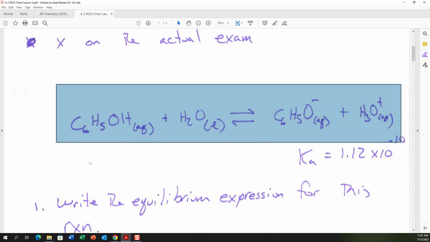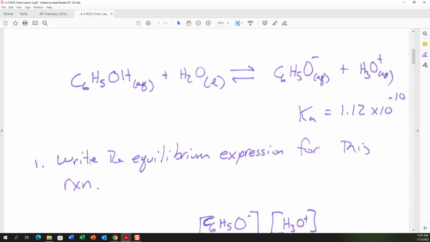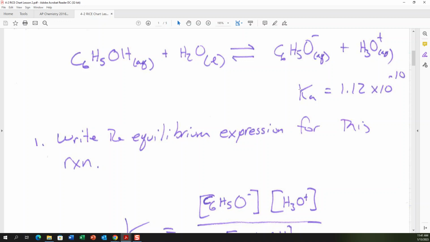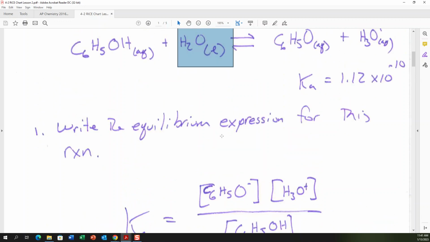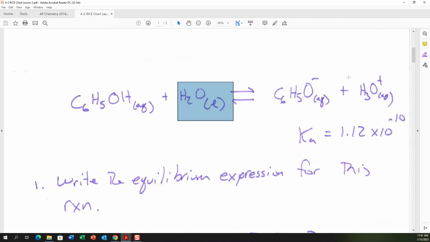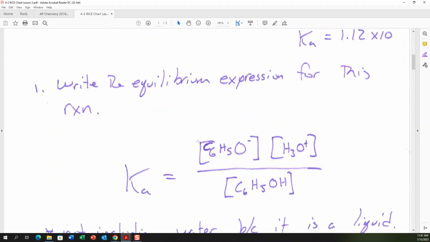All right. And so the first thing I want us to do is just write the equilibrium expression for this K value. So we would just do products over reactants, coefficients become exponents. All the coefficients are 1, so we don't have to worry about that. But remember, don't use liquids or solids, so we wouldn't include water in the expression. So all we would have to do is say Ka equals, and again, it would be this in brackets times this in brackets over that in brackets.